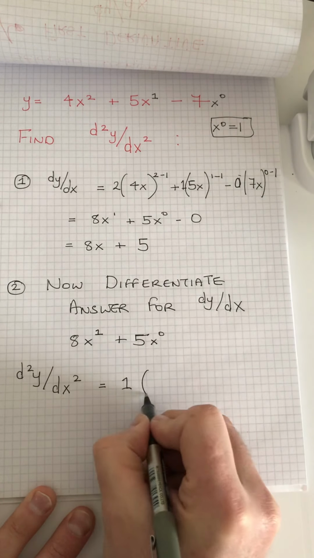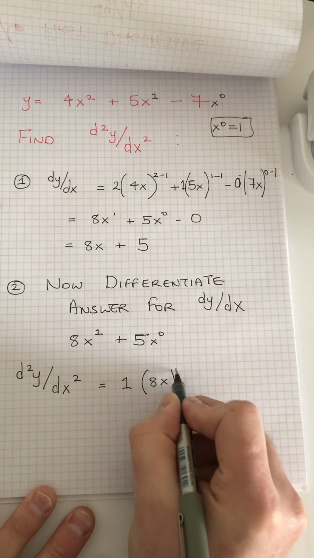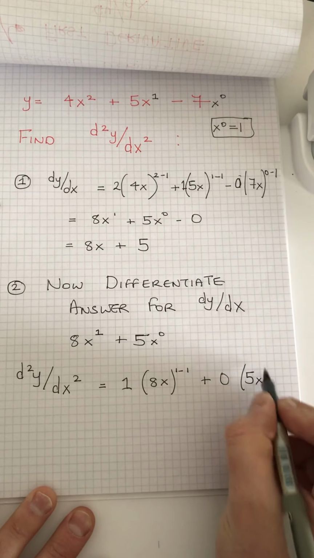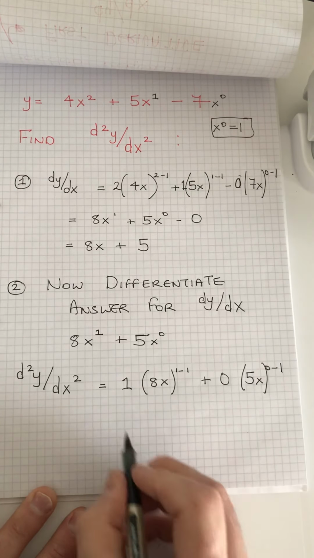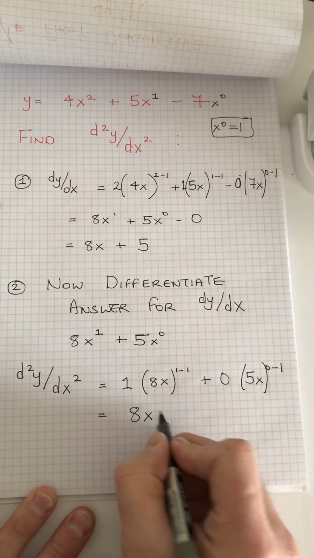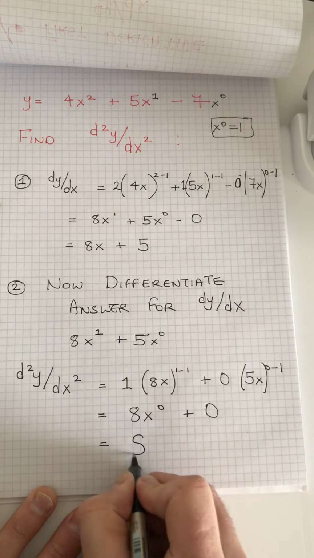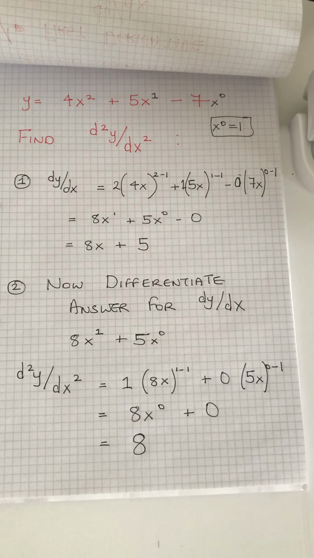So 1 times 8x, power of 1 take 1, plus 0 times 5x to the power of 0 minus 1, which leaves me with 8x to the power of 0 plus 0, which is just simply 8. So you're differentiating a second time, if you like. Okay? So you're differentiating and differentiating again. So that's your first example. Give you a minute to take that one down.